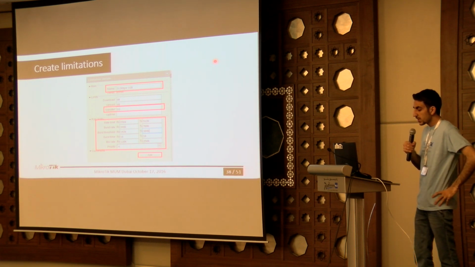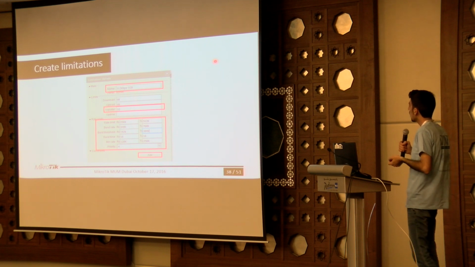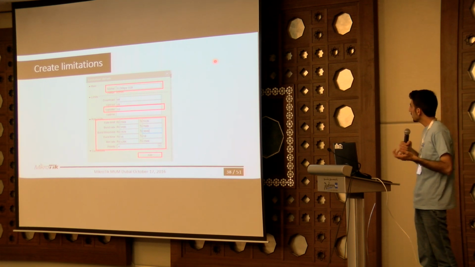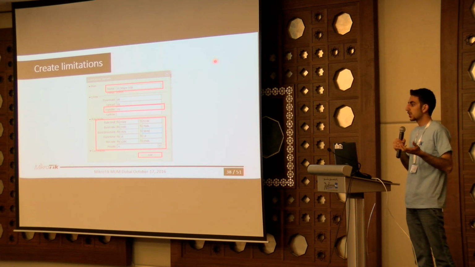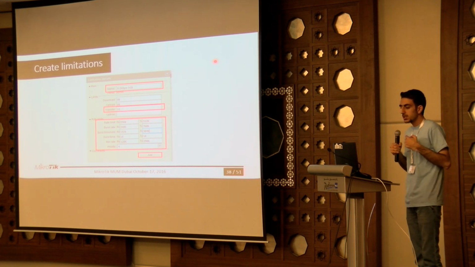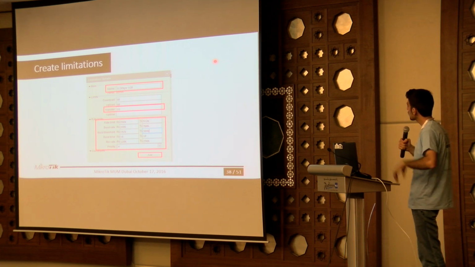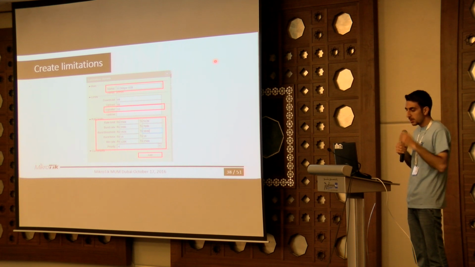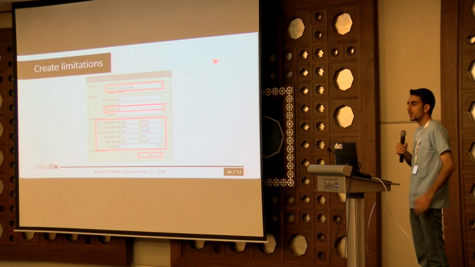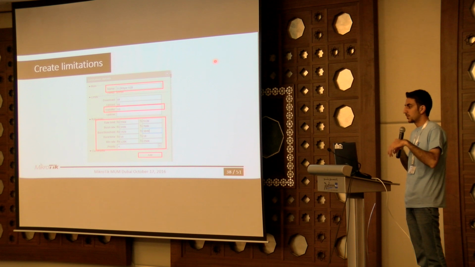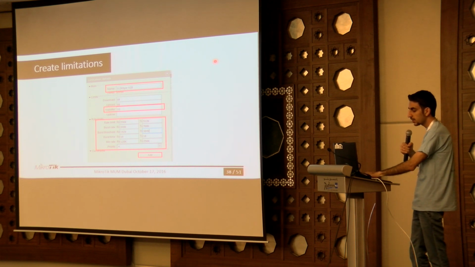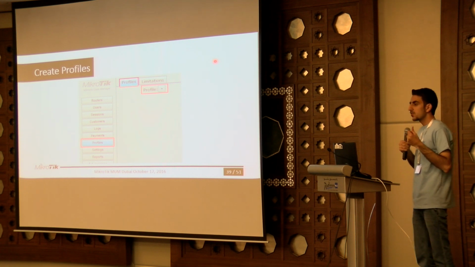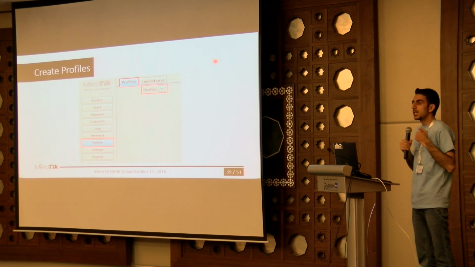And we should specify a value of traffic in the transfer text box. For example, 1G means 1 gigabyte of transfer traffic. And we should specify values in the rate limits section for limitation on bandwidth. After that, we should click on add. Now we have a limitation.